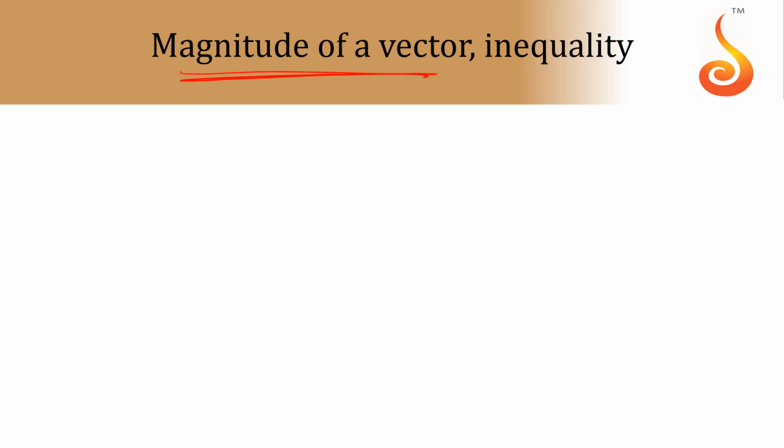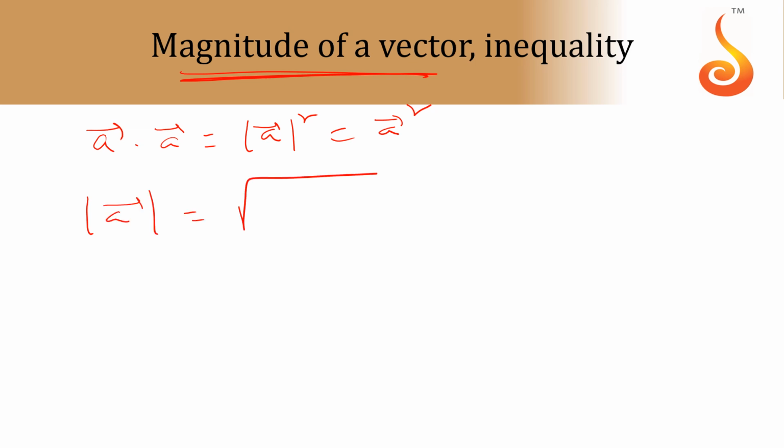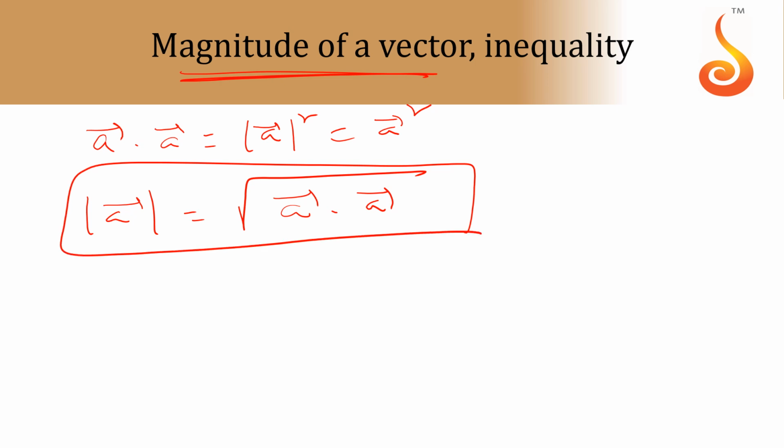In that system, if I have a vector a bar, how do I get its magnitude? Please remember, you know that a dot a is always mod a bar whole square, or simply a bar square. So mod a bar equals under root of a bar dot a bar. So the magnitude of any vector is always the square root of the dot product of it with itself.